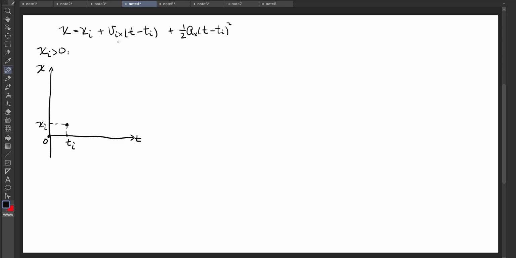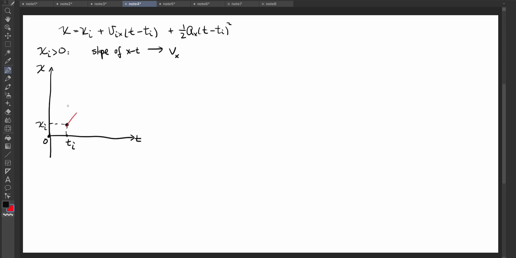Now the curve here, Vix. If Vix is, let's say, positive, then remember the slope of x(t) is the velocity. So at this initial point, that slope needs to be positive, meaning it should point to the right side like that.